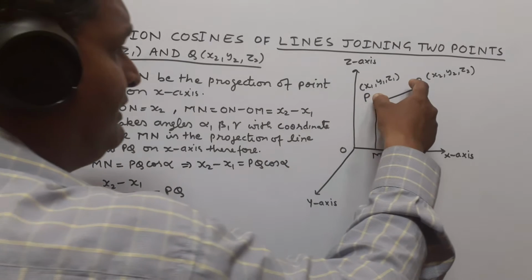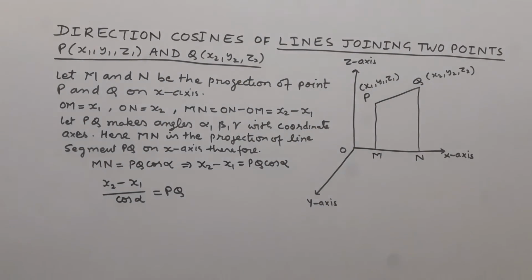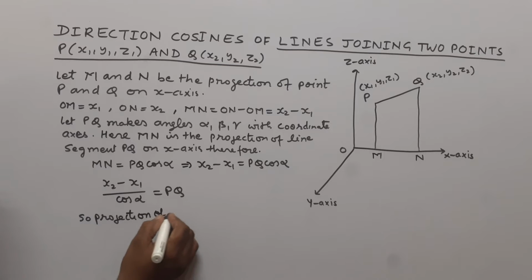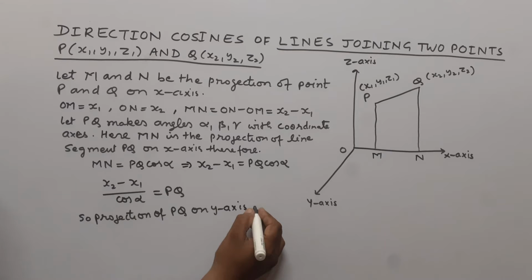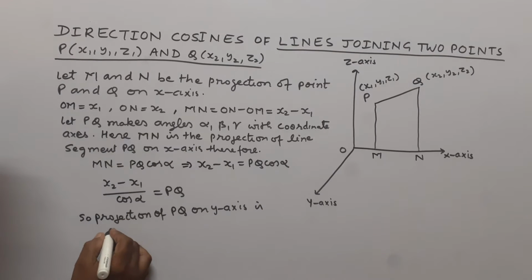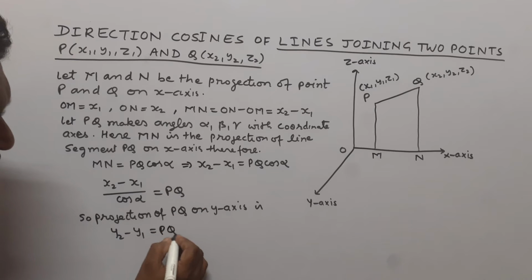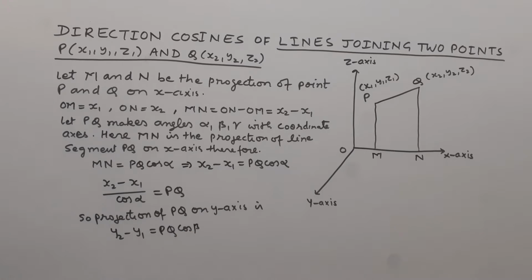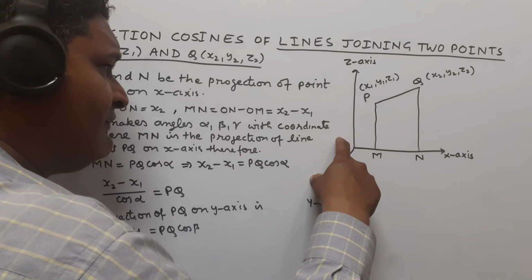Similarly, if we find the projection of PQ on the y-axis, it is y2 minus y1 is equal to PQ cos beta, because PQ makes angle beta with the positive direction of the y-axis.